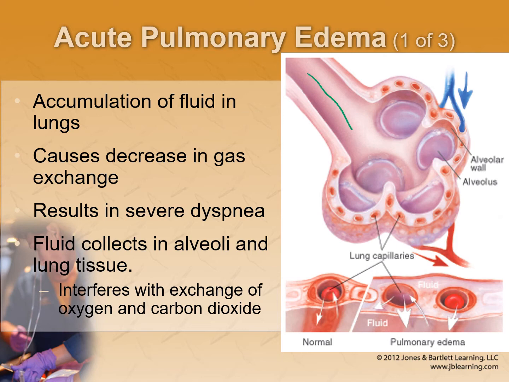We apply continuous pressure here and it's just like blowing up the balloon. That alveoli is going to stretch and get really, really thin, which will also facilitate getting gas across that membrane. But somebody suffering from acute pulmonary edema will have severe respiratory distress, and it can come on very quickly.